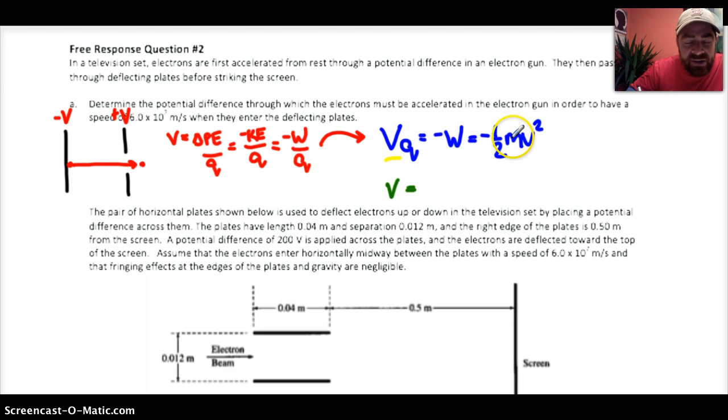The mass is about 9 times 10 to the negative 31 kilograms, obviously really small, and then I have to square this value of 6 times 10 to the 7th meters per second. When I do all of that, I get about 1.0 times 10 to the 4th volts as my answer for voltage. Okay, so that's the answer to the first question.